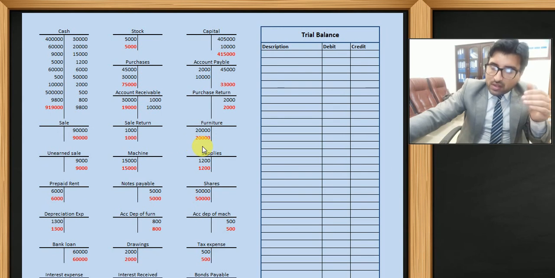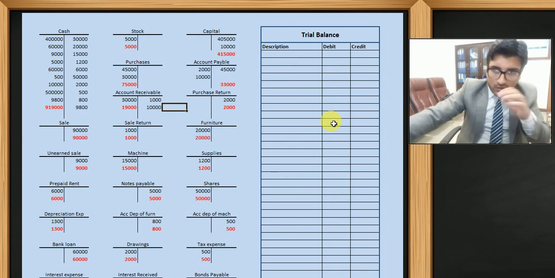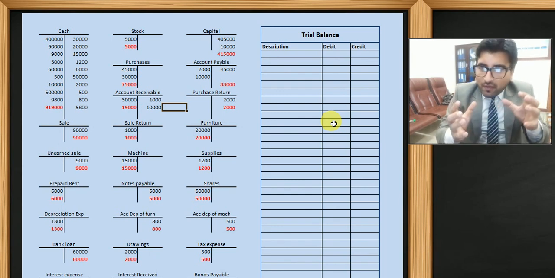Now if we want to make sure that we do not have any mistakes, then we should make a trial balance. So trial balance is simply to check the balances. From the name it's clear, to check the balances of all accounts we have. So how are the balances checked here?